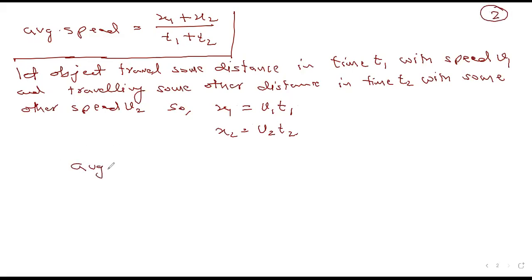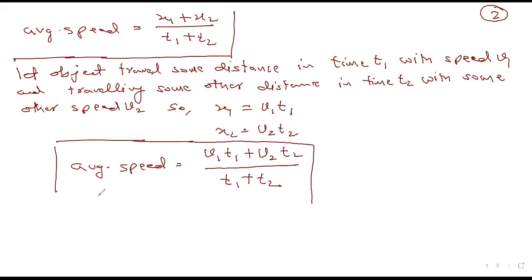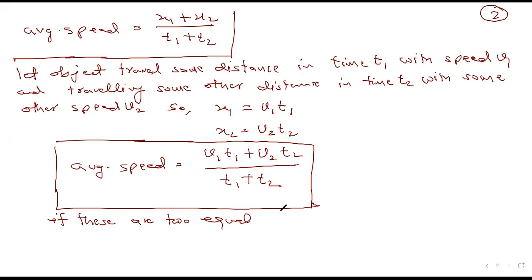So average speed is v1 t1 plus v2 t2 upon t1 plus t2. You can see these are two... Any doubt? सर, t1 कैसे हो?